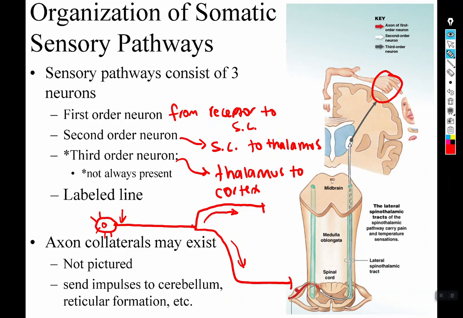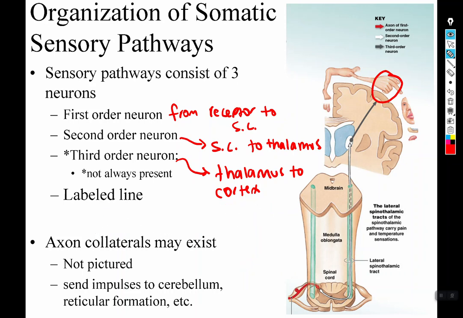So that's what collaterals mean, and that's still meeting the one axon rule. These are going to maybe also send impulses to cerebellum. If it's proprioceptive information, it would probably also get sent to the cerebellum. The reticular formation might also get activated via collaterals. It really just depends on what the sensory modality is and what it means.